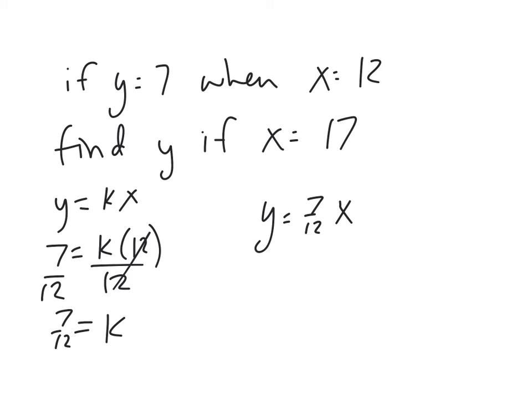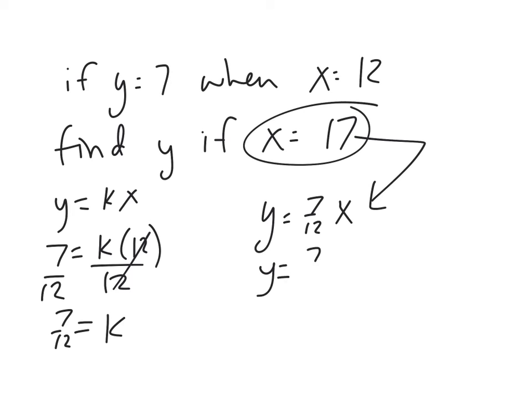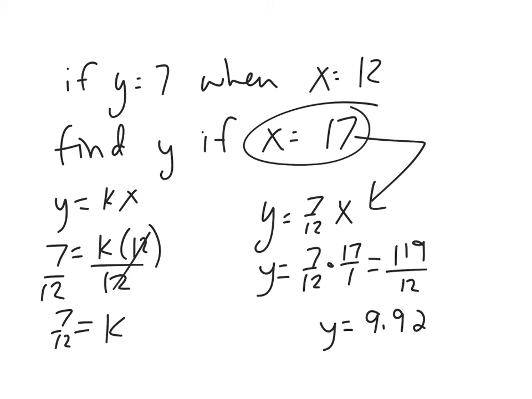Okay, and now, this time all I got to do is plug in 17. So this value is going in here. So y equals 7/12 times 17 over 1. Now I chose bad numbers here, but that's fine. It'll still work. It's just going to be a weird number. So 7 times 17 is 119 over 12. So 119 divided by 12 is 9.92. So y is 9.92. And there's my answer. Okay?